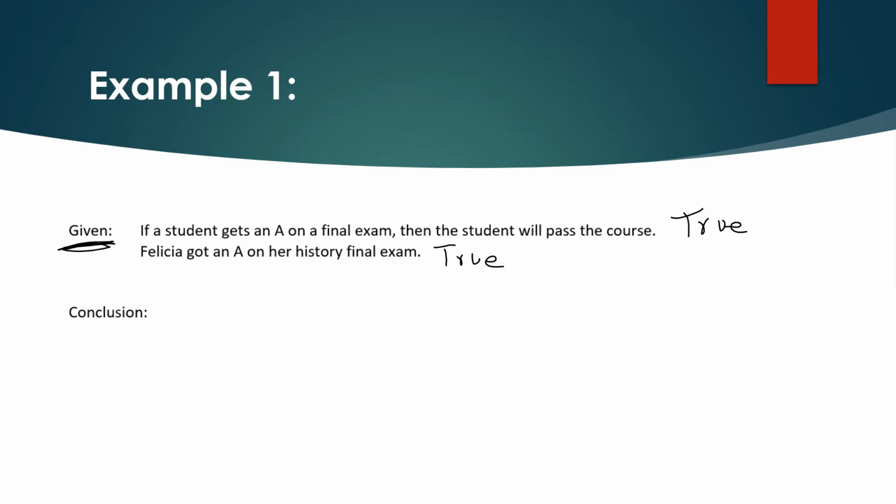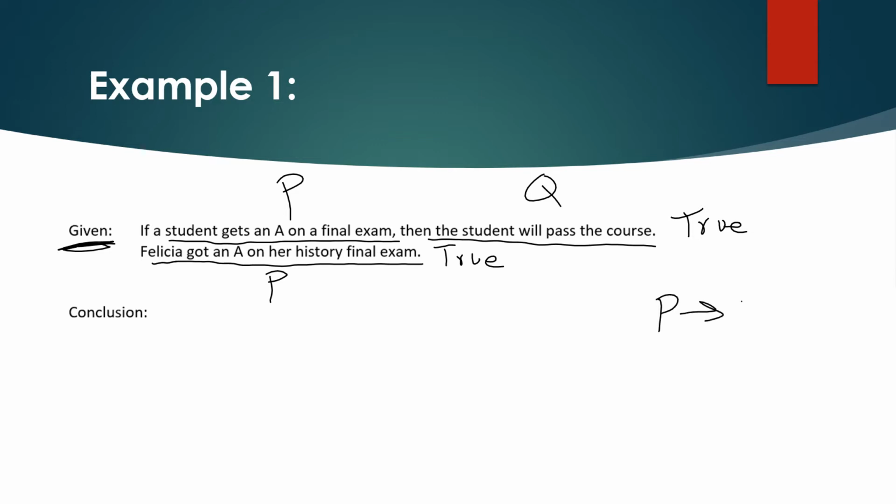Well, if a student gets an A on their final exam, P, then the student will pass the course, Q. Felicia met the criteria P, therefore, according to the law of detachment, Q must be true. So my conclusion would be that Felicia will pass her course. And this course is history. So Felicia will pass history.